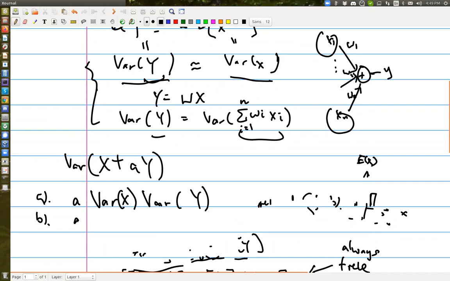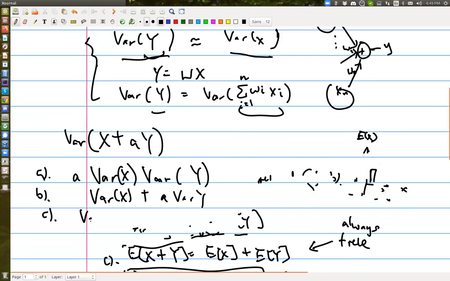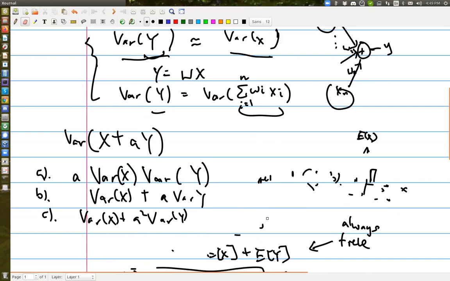Choice B: variance of x plus a times variance of y. And choice C: variance of x plus a squared times variance of y. So which one is true? This should be equal to which one?